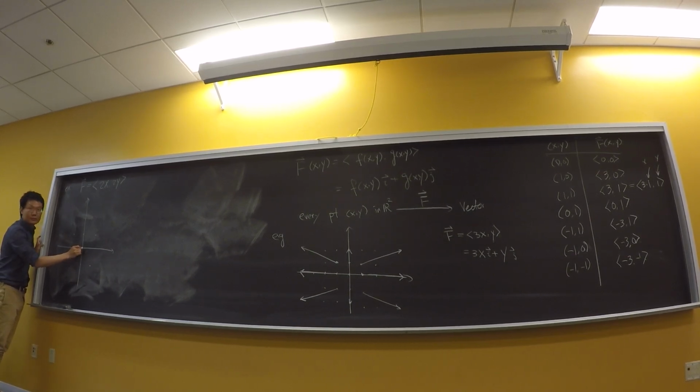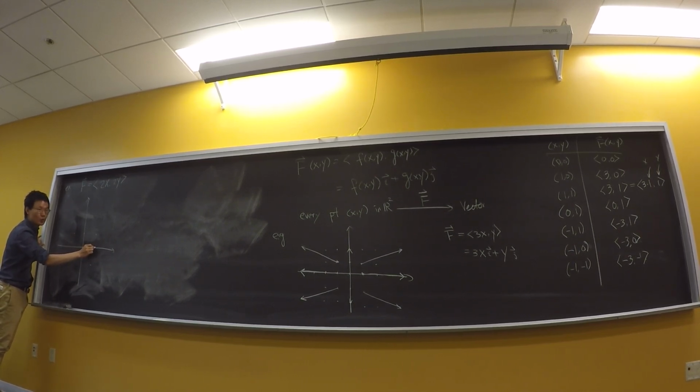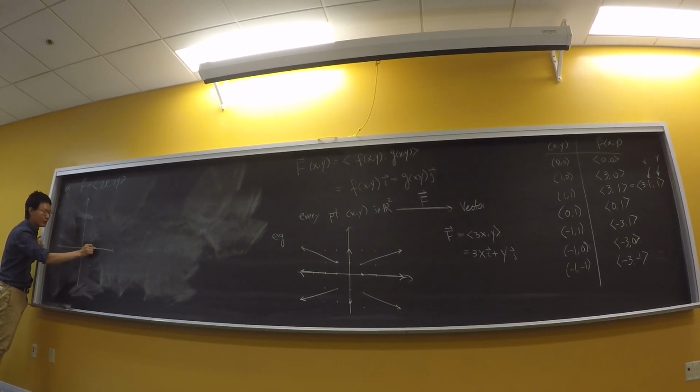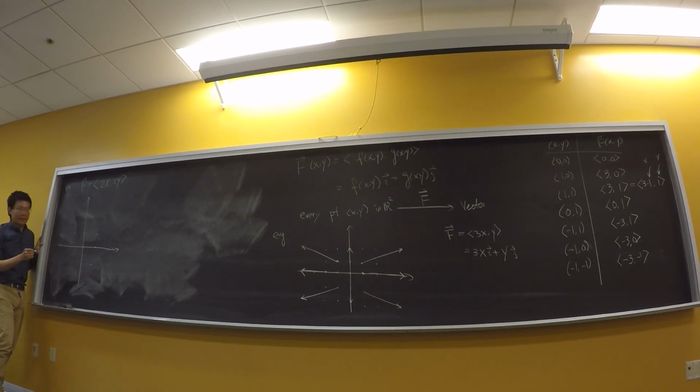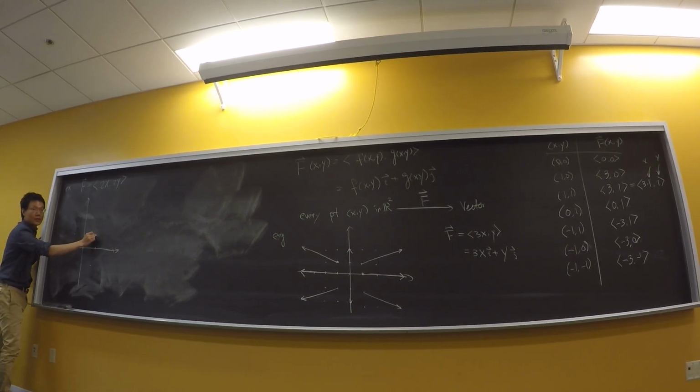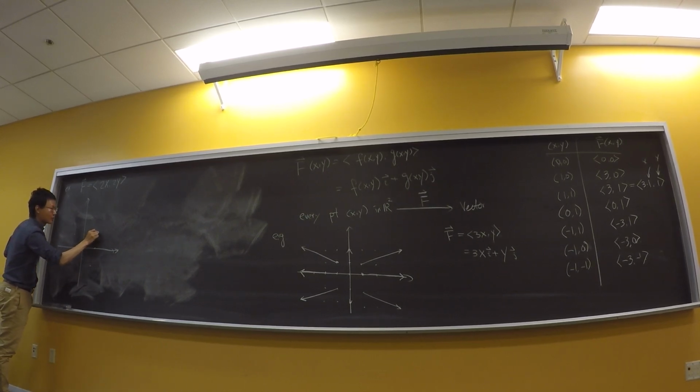So we can easily find these vectors according to different base points. So at 0 it is still 0, right? At 1, 0 is going to be 2, 0 as the vector. So I'm going in the same direction as the x-axis and go for 2 units. Okay? So at 1, 1, I'm going to get a vector 2 and 2. So basically, it's still going in this direction for 2 and 2.